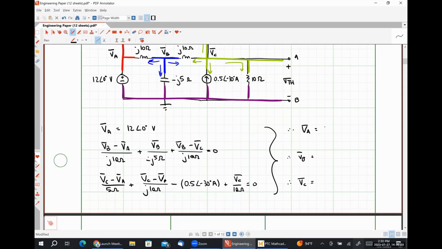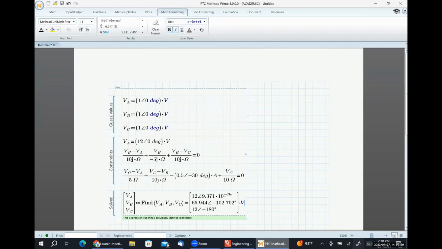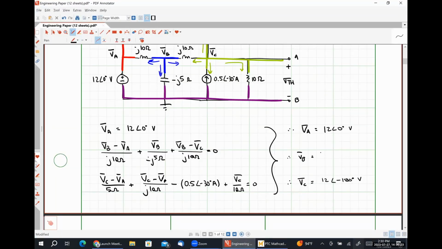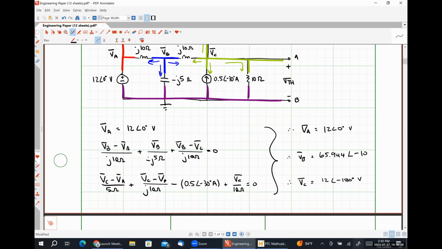So for VA, we got 12 angle 0 degrees volts. For VC, we got 12 angle negative 180 degrees volts, or negative 12. And for VB, sorry, clicked the wrong thing, 65.944 with a phase angle of negative 102.702 degrees volts, and VC is equal to VThev.